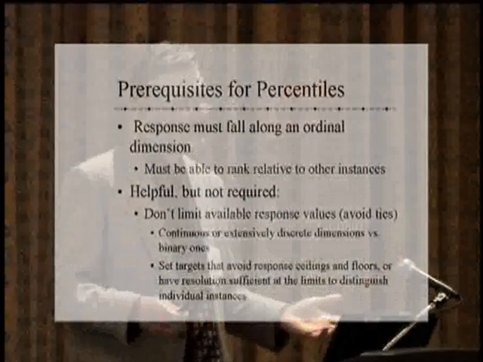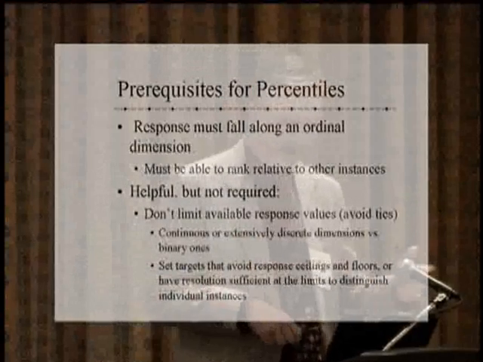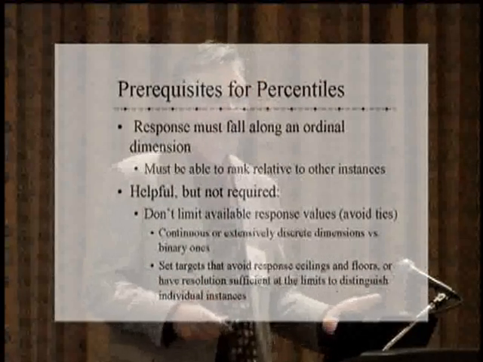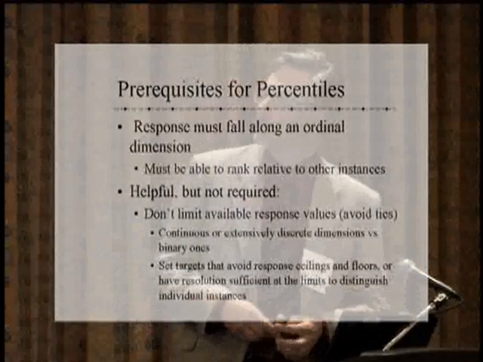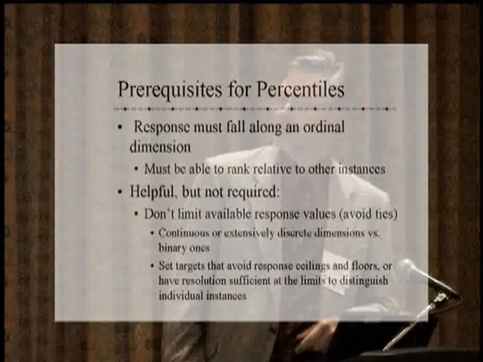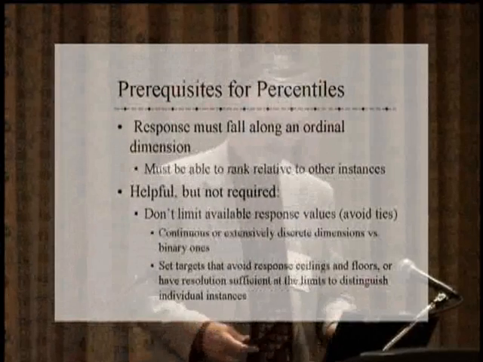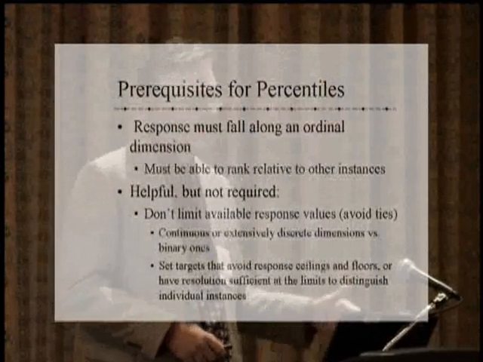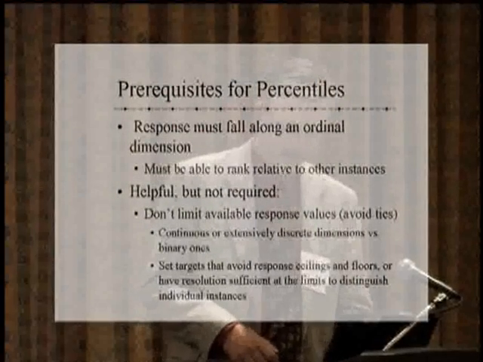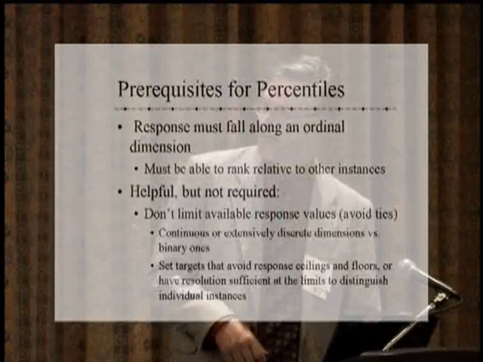The reason you don't want to do this is because with a smaller number of values, it is more difficult to rank them relative to one another. So you don't want to use binary dimensions. You try to use continuous or extensively discrete dimensions. And you also want to set targets that avoid response ceilings or floors, or if you have to do that, at least have a resolution of measuring devices sufficient to distinguish individual instances at the limits.